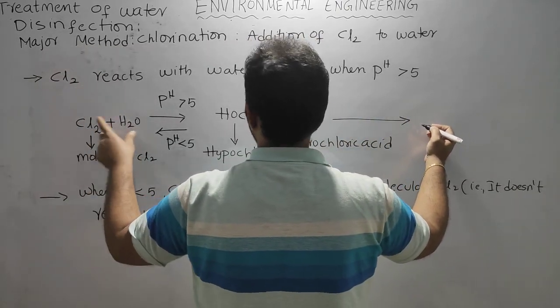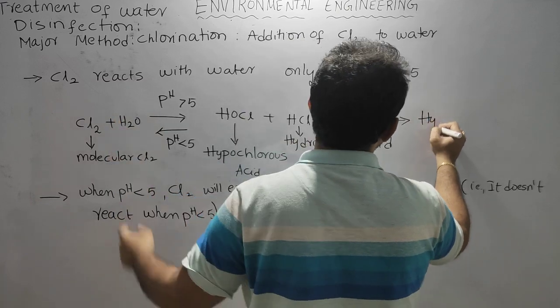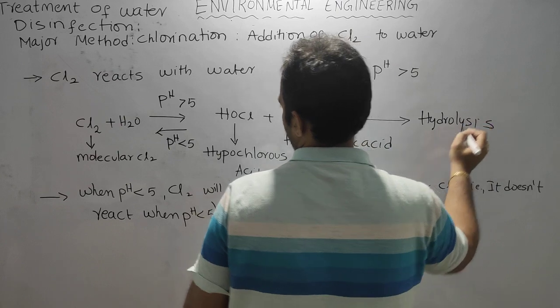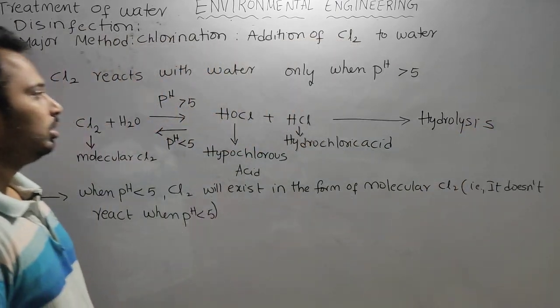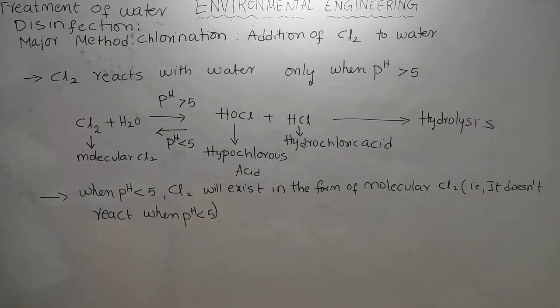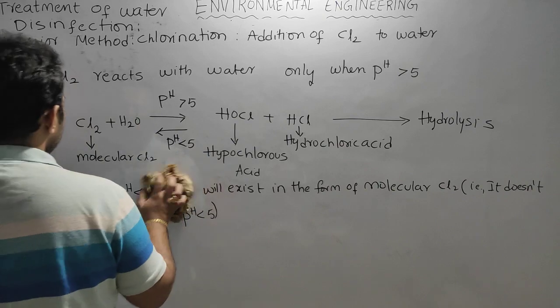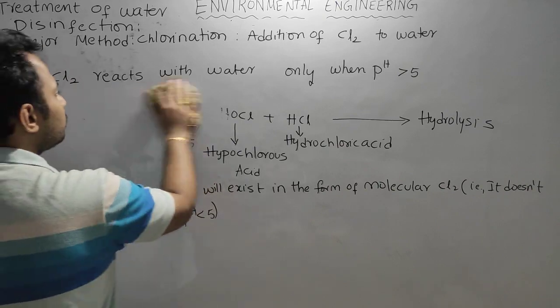Adding Cl2 to water is nothing but hydrolysis. Once the hydrolysis is over, HOCl is formed. This HOCl again disintegrates into OCl minus and H plus, depending upon the pH.